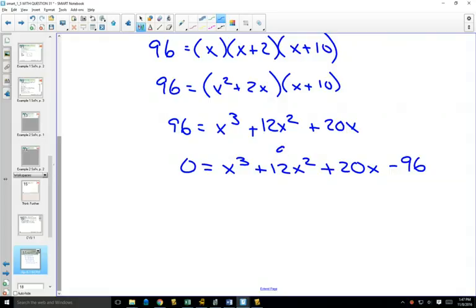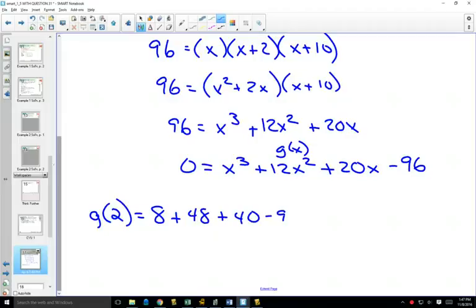So if I call this whole function g of x, g of 2 is equal to 8 plus 4 times 12, 48, plus 40 minus 96 is equal to 0.